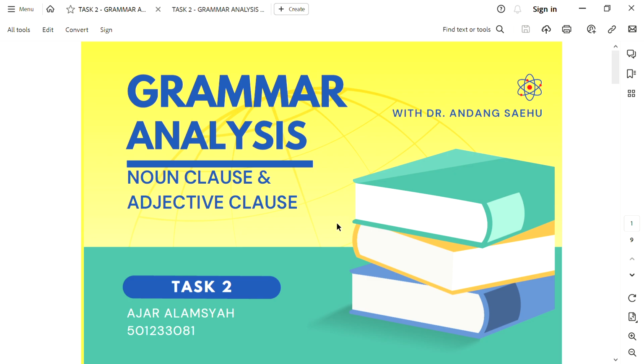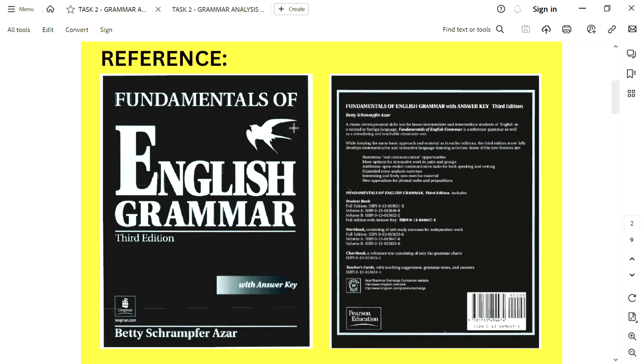For Task 2, Subject Grammar Analysis with Dr. Andang Saihu, I'm going to cover noun clause and adjective clause. This is for the reference.